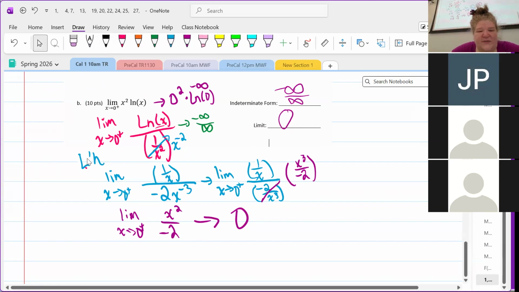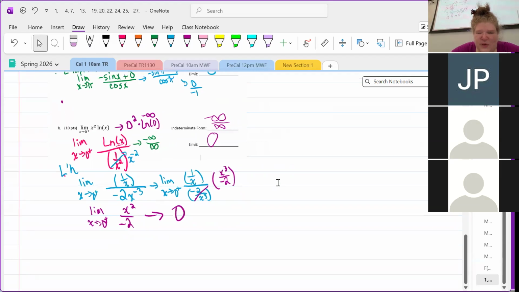L'Hopital is a very powerful tool, but it doesn't just mean if you get an inconclusive result, you take the derivative. You have to have a fraction. It only works for a fraction. So I had a lot of people just try to take the derivative of this.